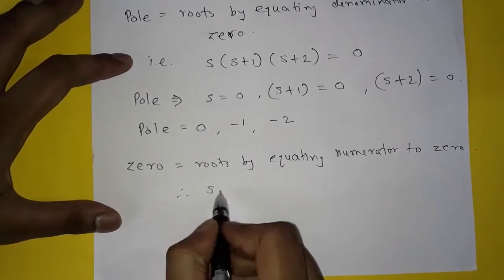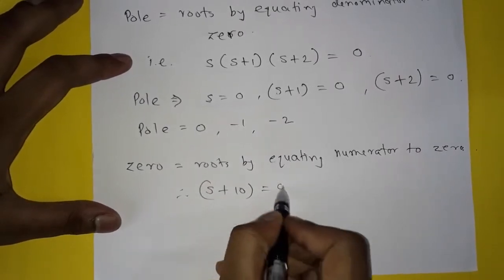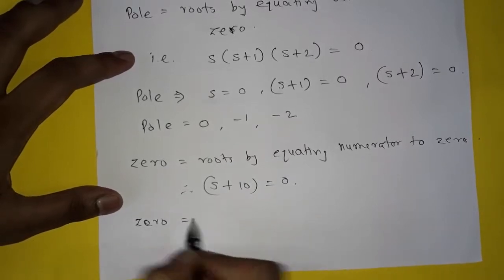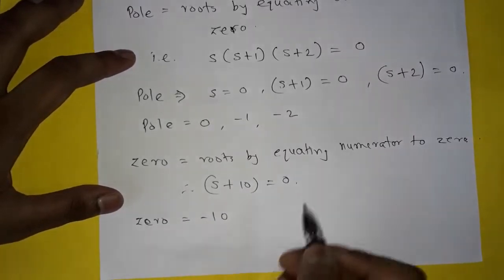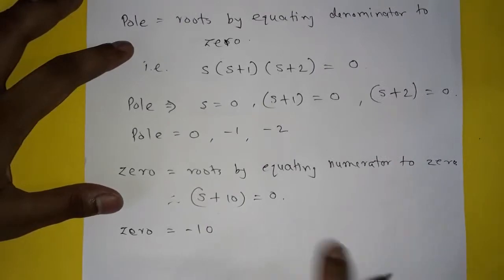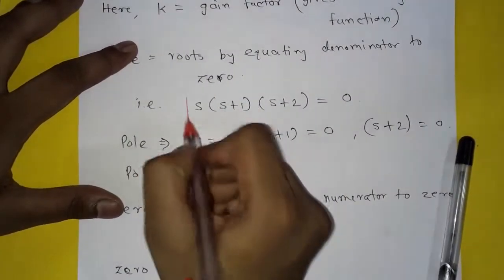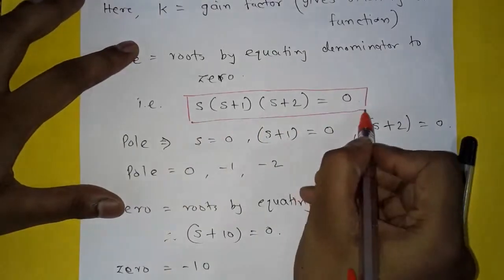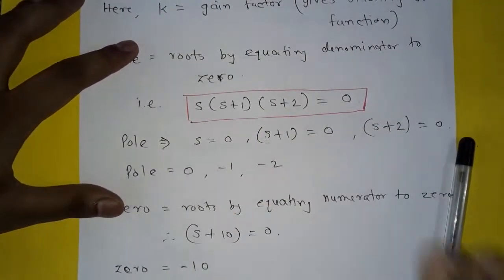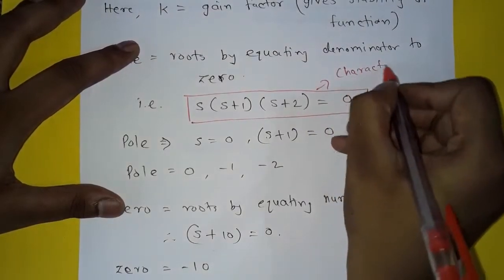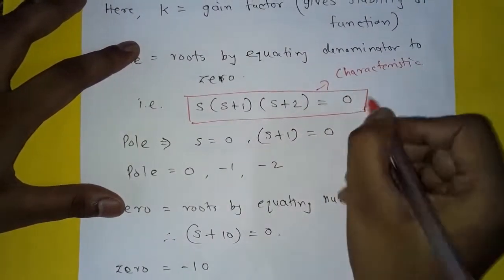Therefore here s plus 10 is equal to 0, that is, zero is equal to minus 10 in this case. Here this equation is known as the characteristic equation.